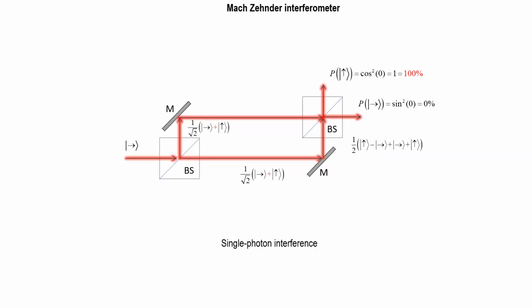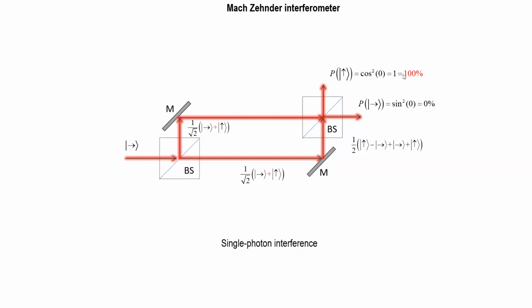This effect leads to the fact that, for example, if I remove this phase gate and make the channels balanced, I can get 100% in one of the channels.